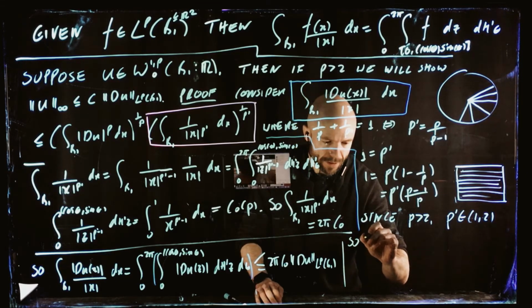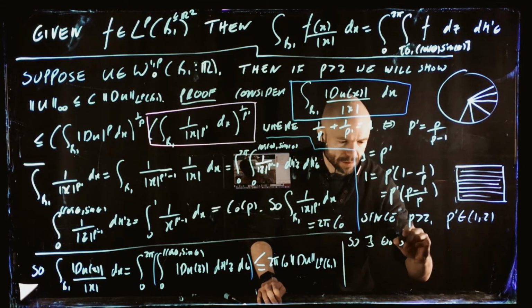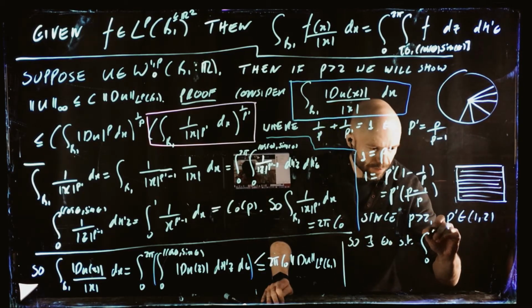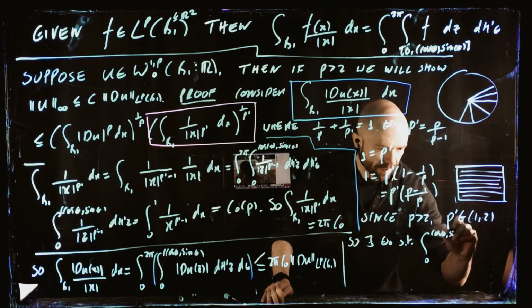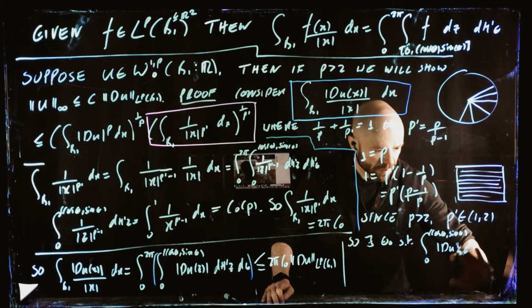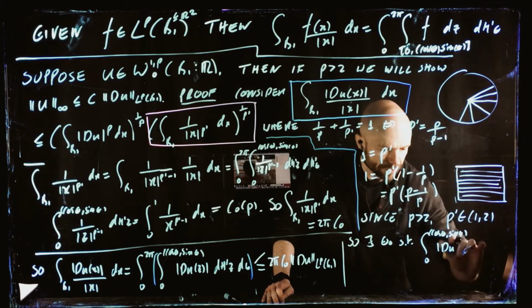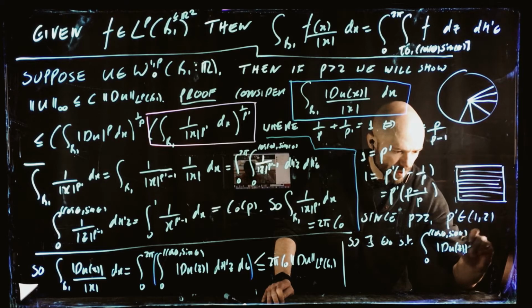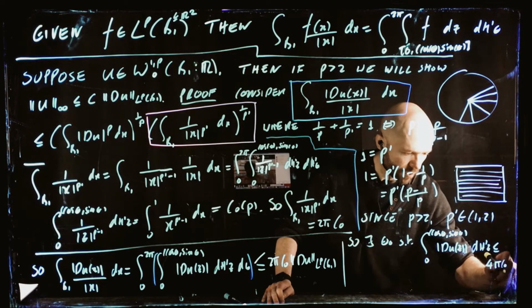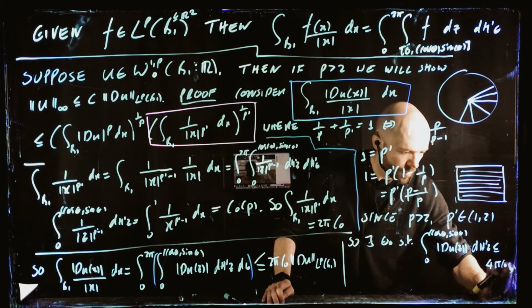So there exists theta 0 such that this integral from 0 to cosine of theta, sine of theta, du of z, dh1 of z, is less than 4 pi c0 times the norm of this thing.